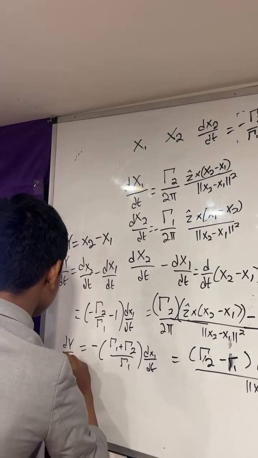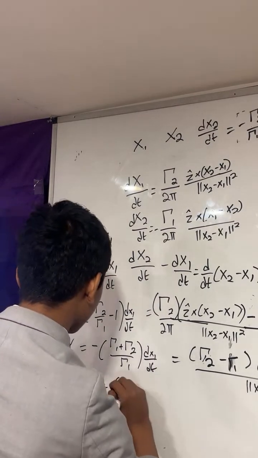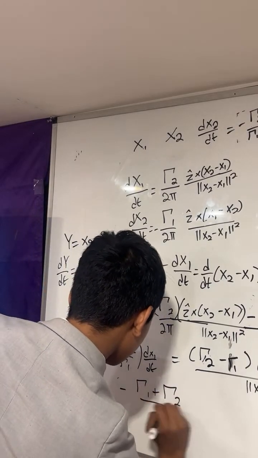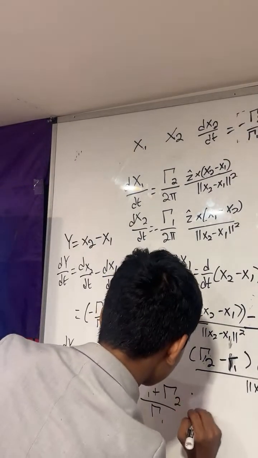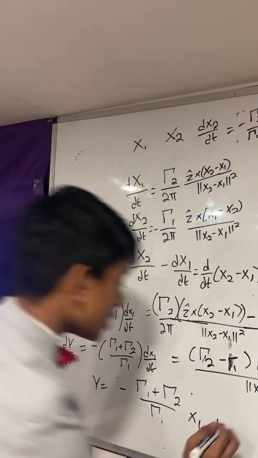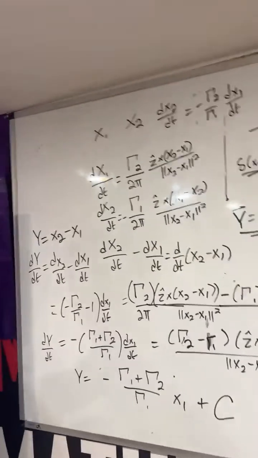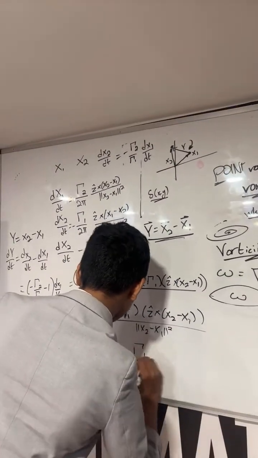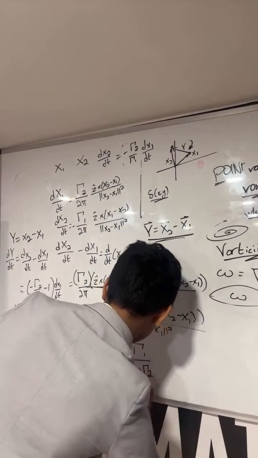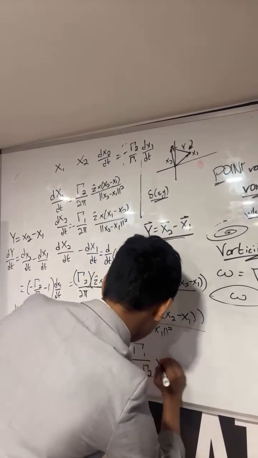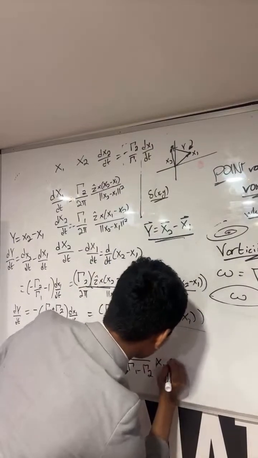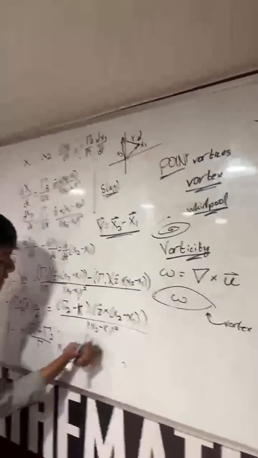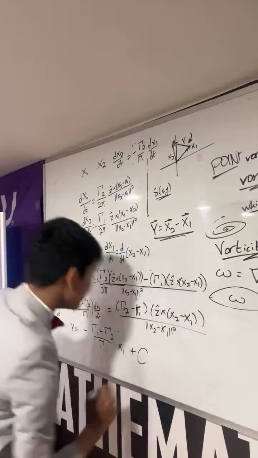So this could very well be y equals minus something times x1 plus some constant c. I haven't done the math, that's just a guess, so to keep everything official, I'm going to write C.